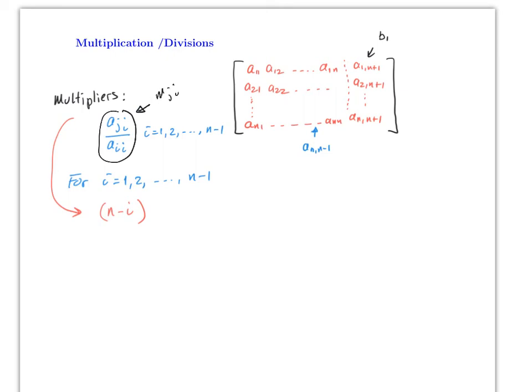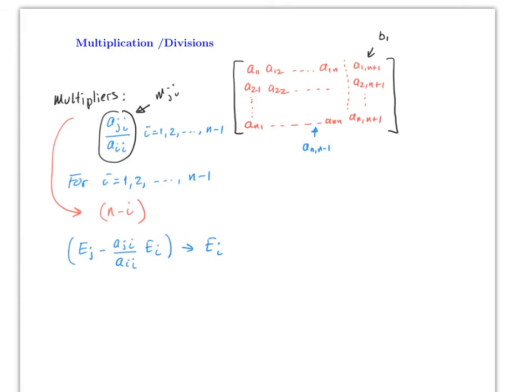Now remember, once you find the multipliers, the next step to get the zeros here, here, and so forth is to do these row operations. Remember, this is the multiplier, a_ji over a_ii, times E_i, and whatever you get, you put in E_j.